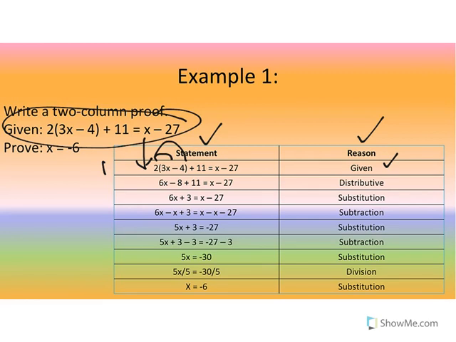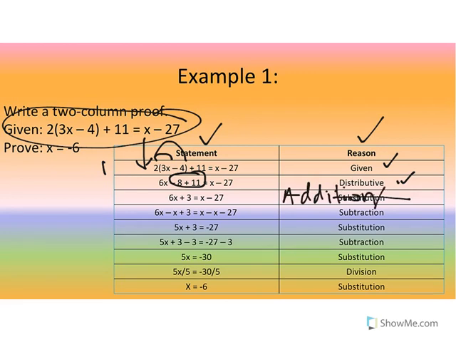So we're using the distributive property. Then in the next step, we're combining negative 8 and a positive 11, which gives us a positive 3. So this step should be addition.